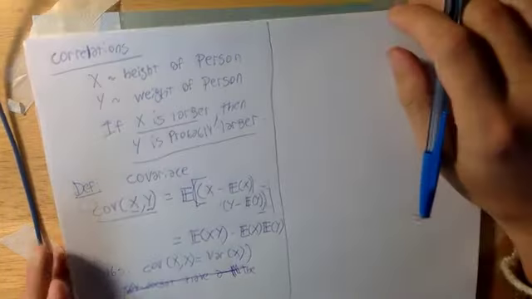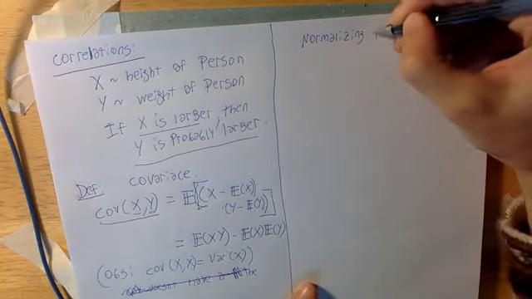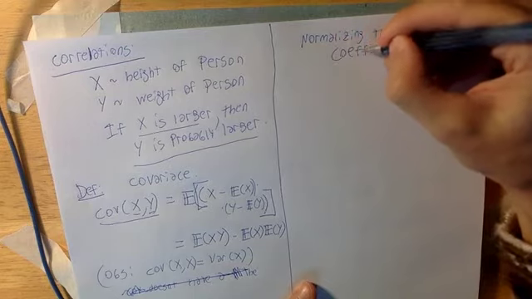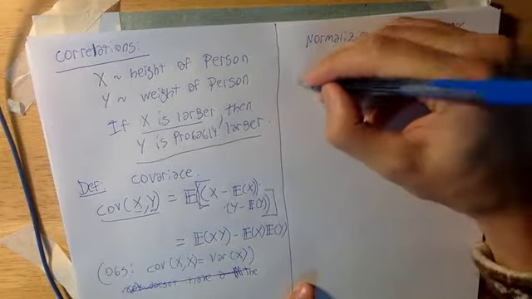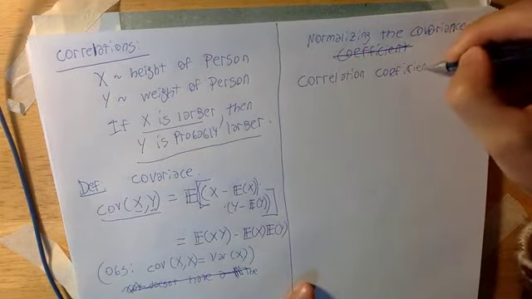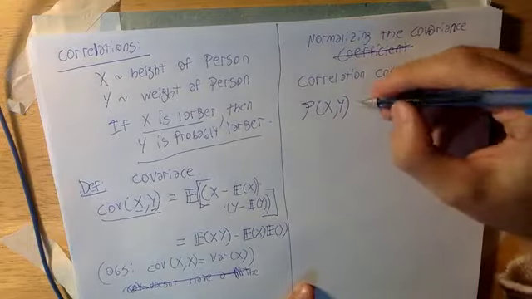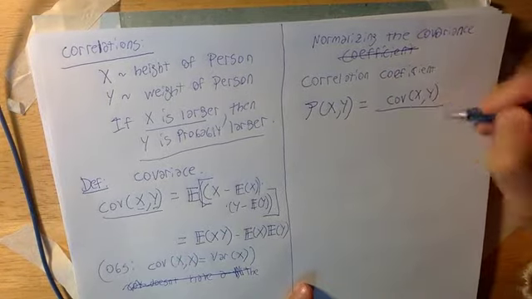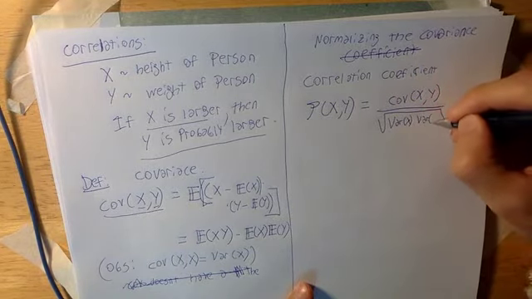The way to normalize the covariance is the correlation coefficient, which is denoted rho of x y. It is going to be the covariance of x comma y over the square root of the variance of x times the variance of y.